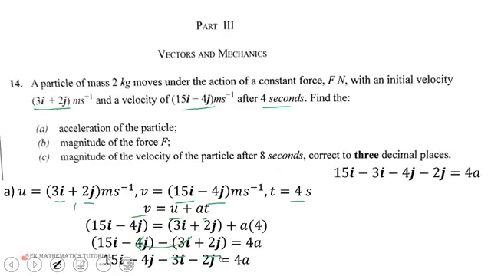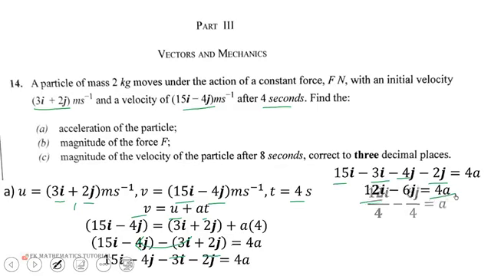So we regroup them, the i terms and the j terms. So 15i minus 3i will give you 12i, and negative 4j minus 2j will be minus 6j. So we divide through by 4.